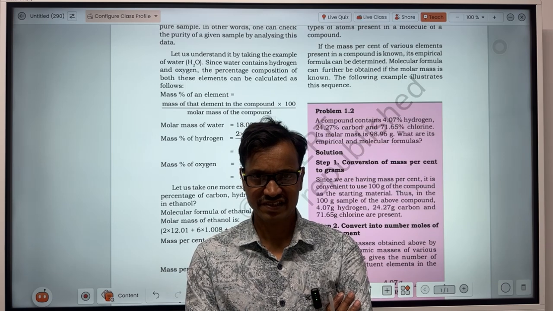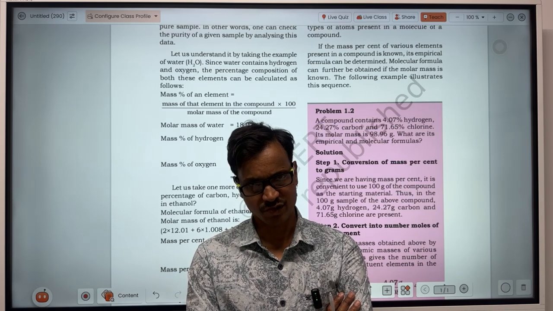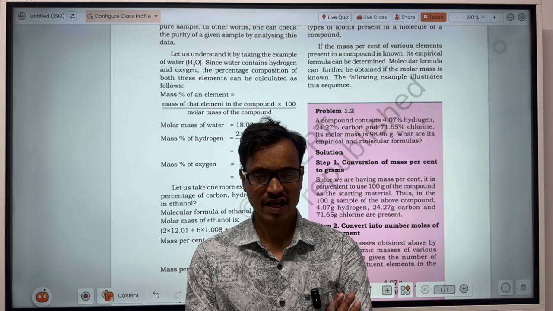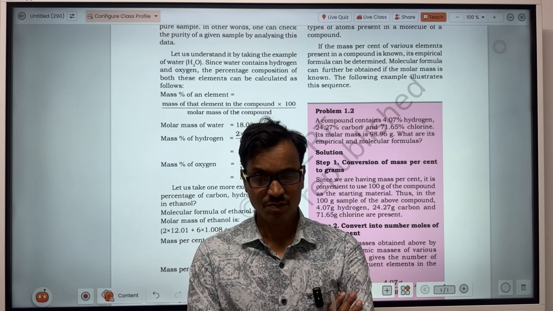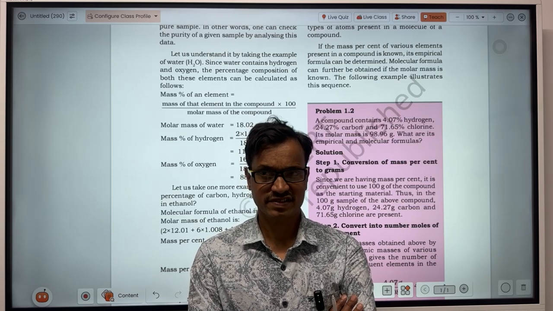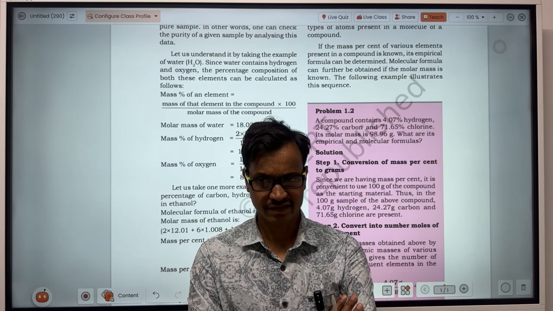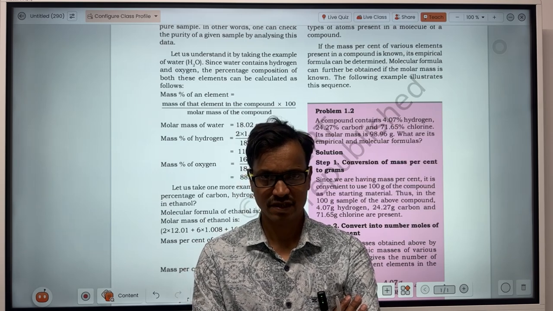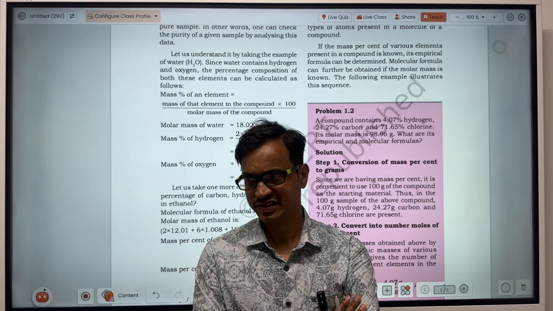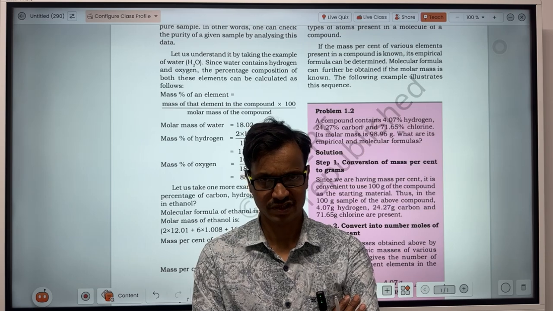And molecular formula is the number of atoms of various elements present in a molecule.